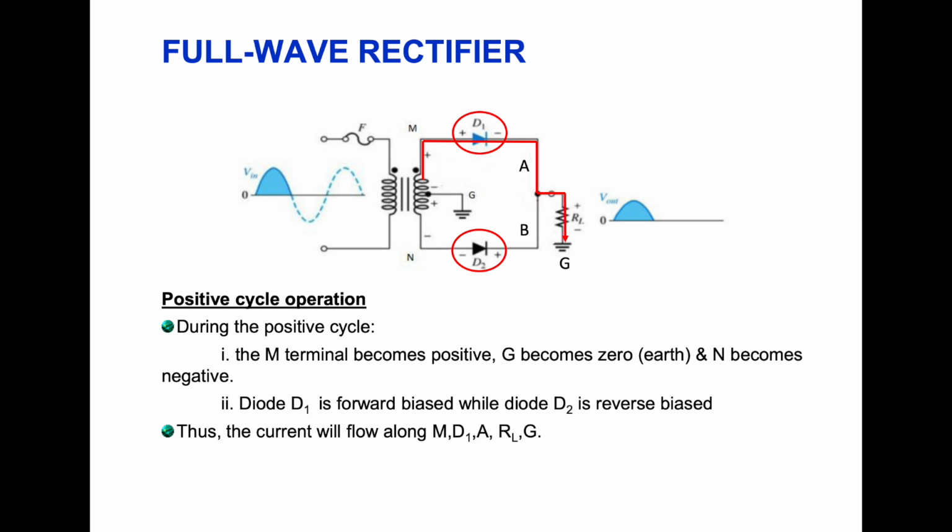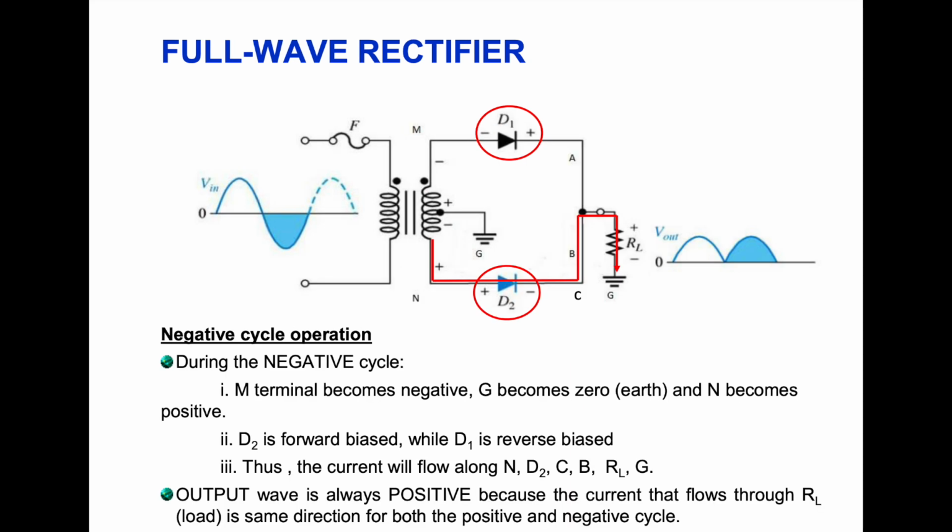So the current will flow through M, and then D1, and then go to A, RL, the load resistor, and then going to G. This is during the positive cycle operation. The input is the alternating current, and our output is this one, only the positive part of the signal.